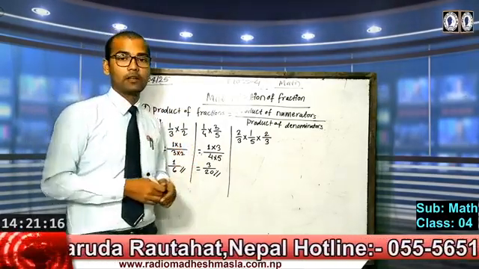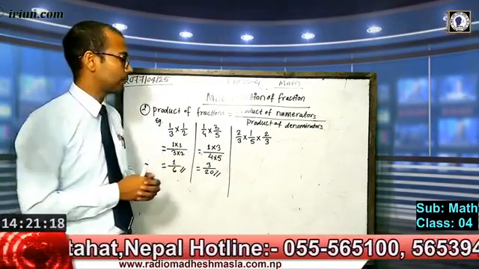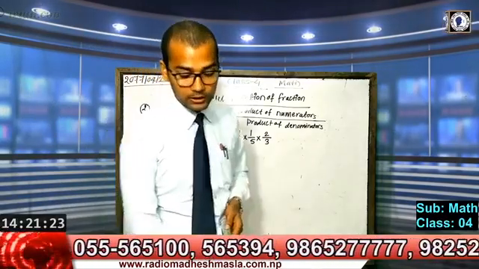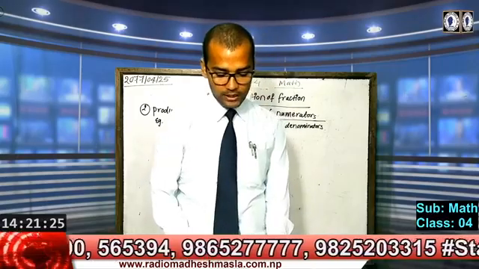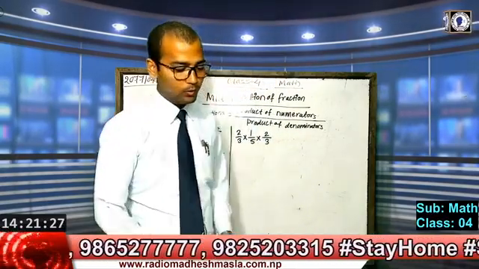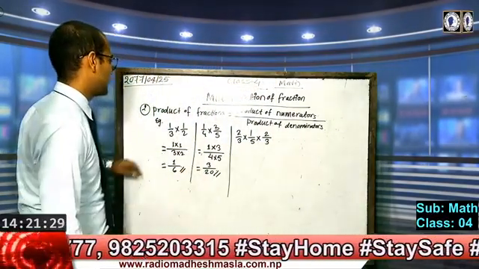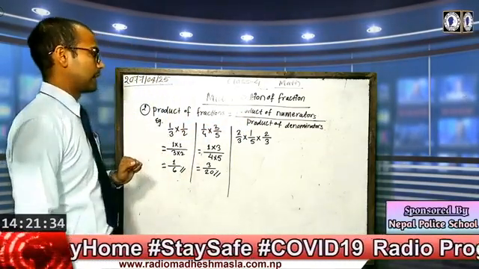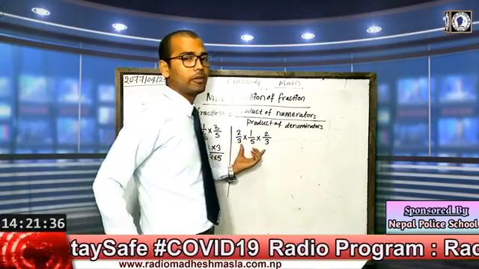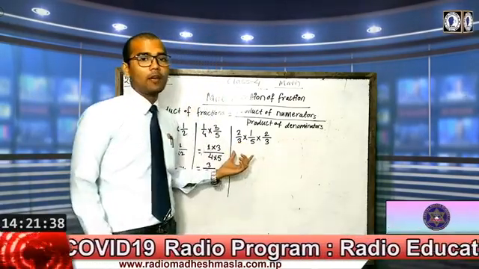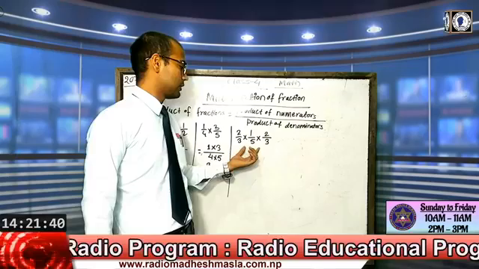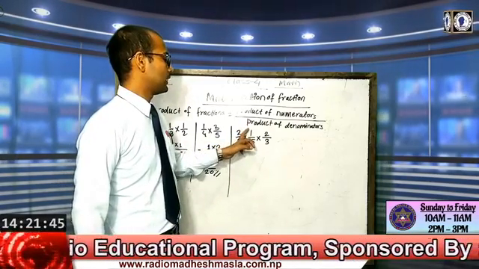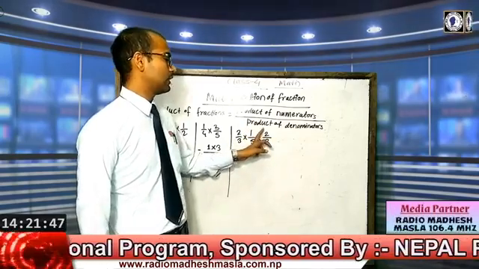At that time, we use the same rule, the same method, to find the product of the given fractions. Students, here we have three fractions and we need to find their product too. In the first we have 2 by 3, in the second 1 by 5, and in the third 3 by 2.